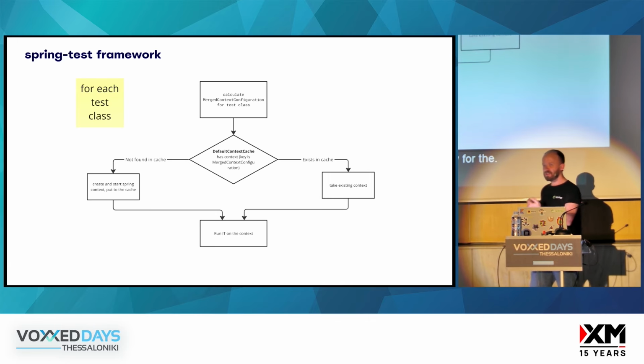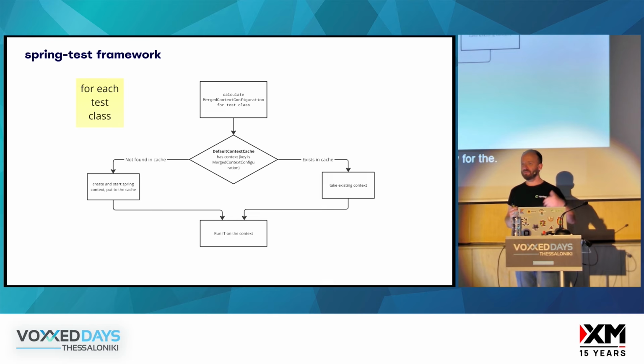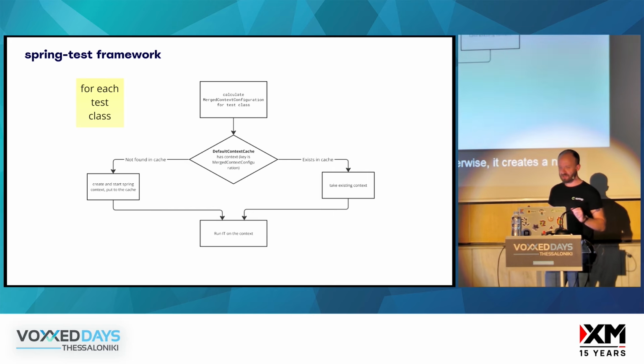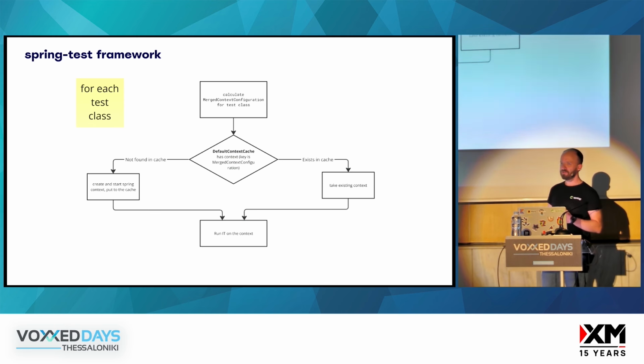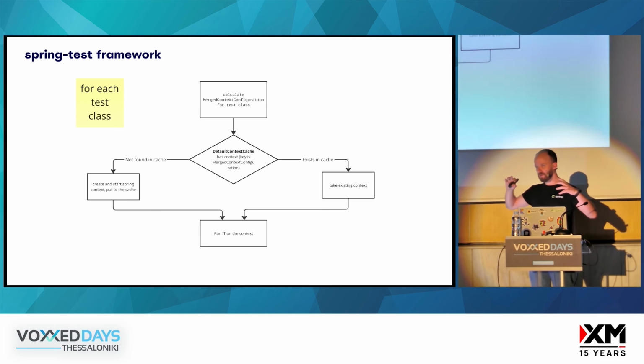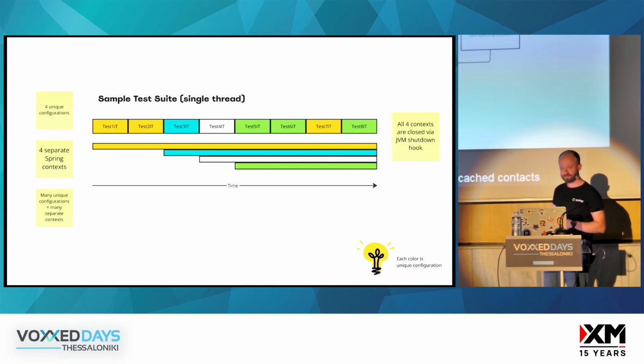If there is an existing Spring context which matches this configuration, it's reused. Otherwise, it creates a new one and puts it in the cache. So the logic is pretty simple here. And this is the root cause of all troubles that happen on a big scale. At some moment, the number of cached contexts can be quite huge.